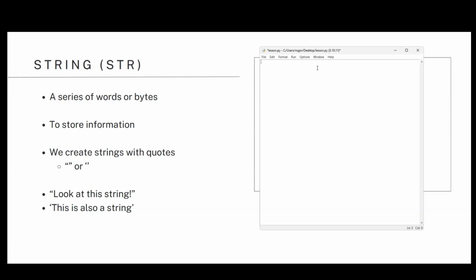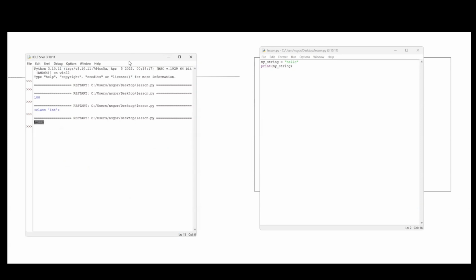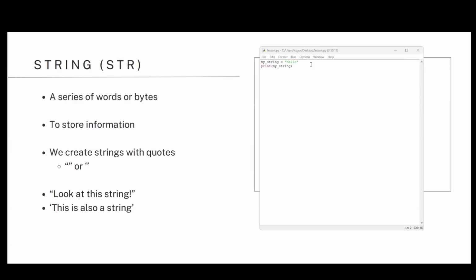So if I wanted to say my string, and then I can say hello, and then I'll print this out. So I'll say print my string, and then we'll run this. And here it is, hello. Okay. So we can do this with either single quotes or double quotes. So if I do this, it's the same exact thing.